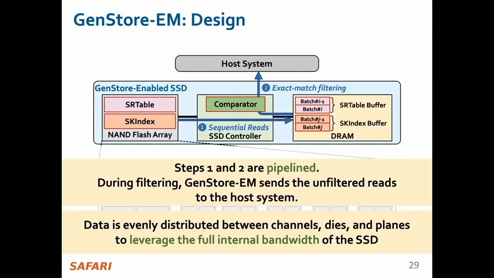So meanwhile, as we work on the filtering inside the SSD, the read mapping can happen in parallel in the host system. And the reads that are filtered do not waste the external bandwidth of the SSD or the main memory bandwidth of the host system. So that is the overall flow of GenStore EM.